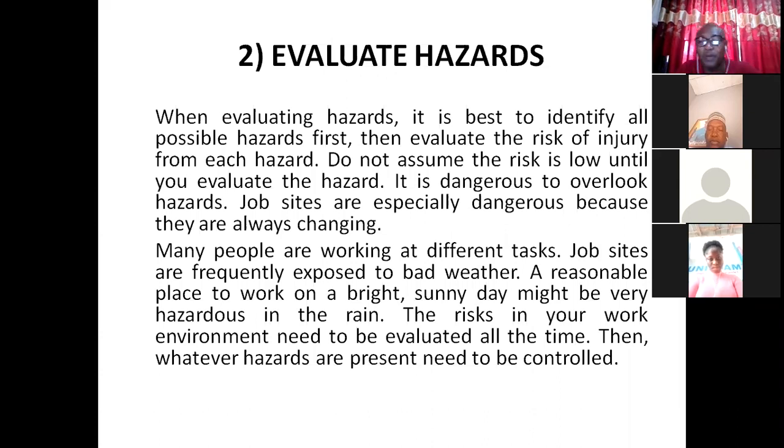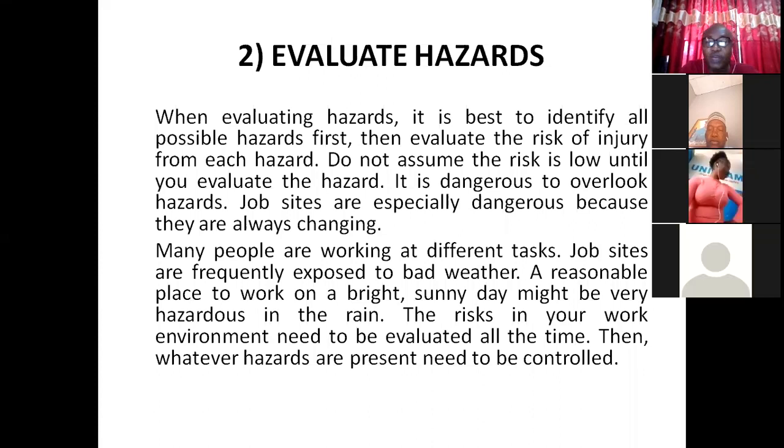Different things are always there. So the first thing is that, okay, this is not what you met yesterday. This was not here, the iron was not here, this was not there. So that enables you to evaluate that, I may fall prey to this, I may have problem with this, I may have issue with this. So you must evaluate the hazard properly.